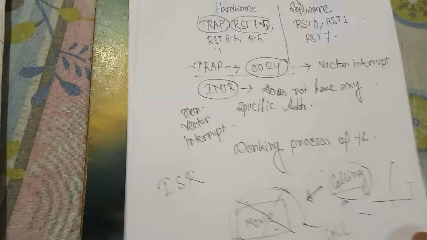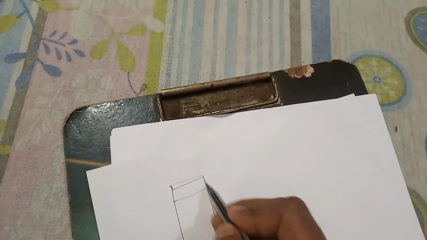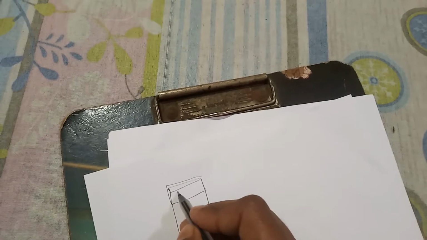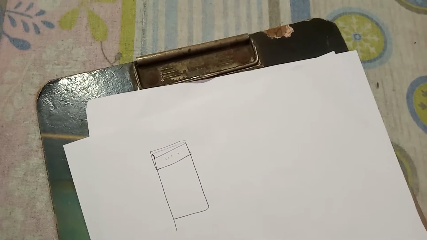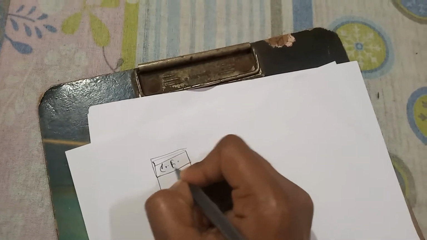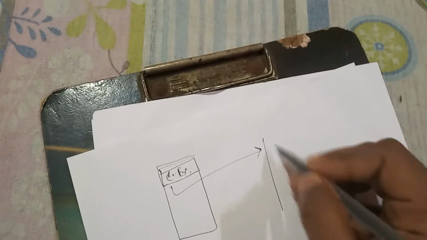Suppose this is a program counter. What does the program counter do? The program counter stores the address of the current ongoing execution. So when an interrupt comes, it will call another address.